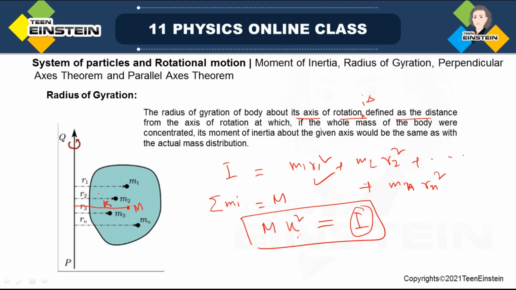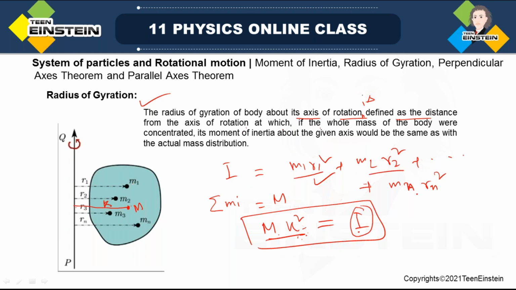If we just think this, then the moment of inertia for that point, about the same axis, will be written as M k square, according to the definition of radius of gyration. This will be equal to the moment of inertia if we calculate with the real mass distribution, for an object constituted by discrete point masses m1, m2, m3, like that.